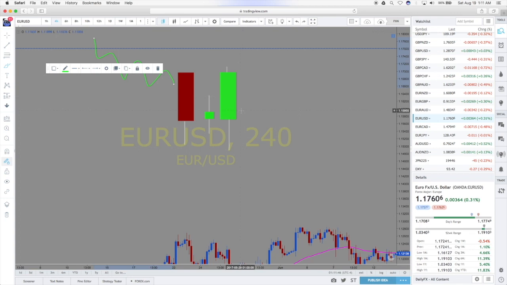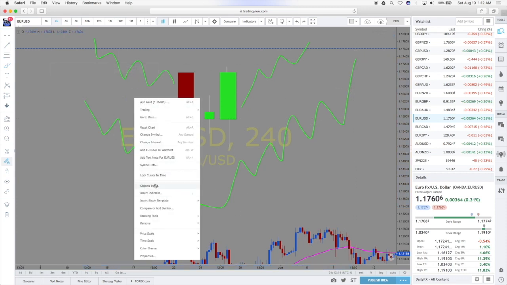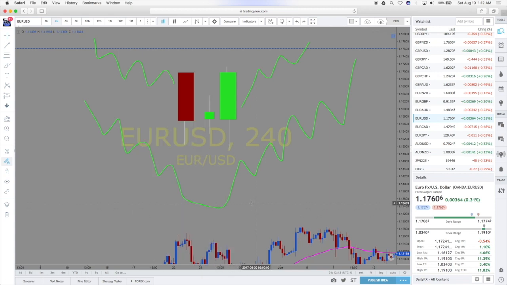Okay, and then typically we'll see price start to reverse. So this right here would be an example of a morning star reversal formation, to go from a bearish trend to a bullish trend.